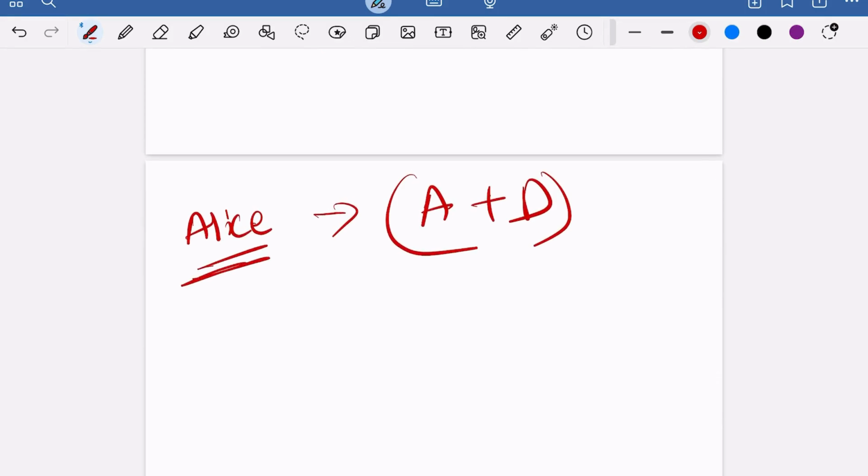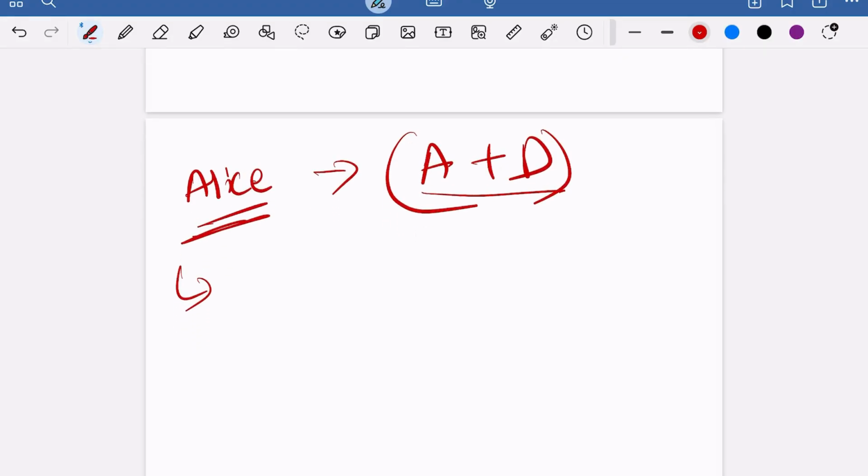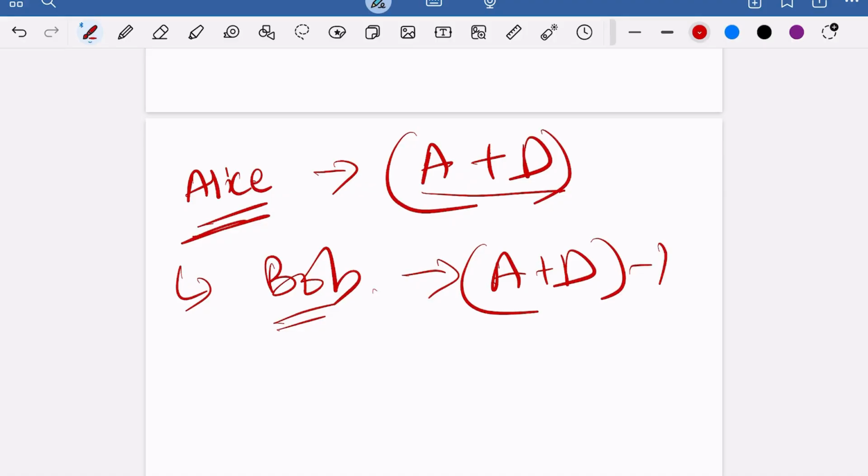So Alice will take A plus D moves to make the diagonal all zeros. In the meanwhile, as both players play alternately, Bob will also make a few moves. He will make A plus D minus 1 moves, because until then he will also try to remove a few stones from different cells, but on the exact A plus Dth move, a diagonal is fixed in which all elements are zeros.